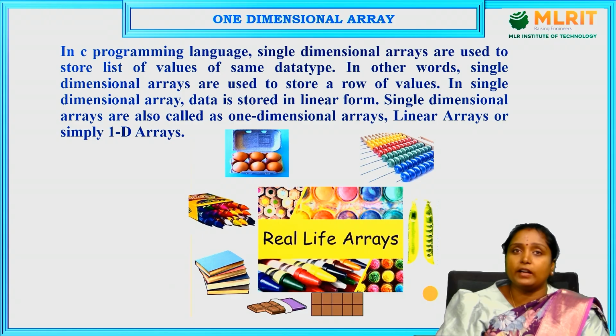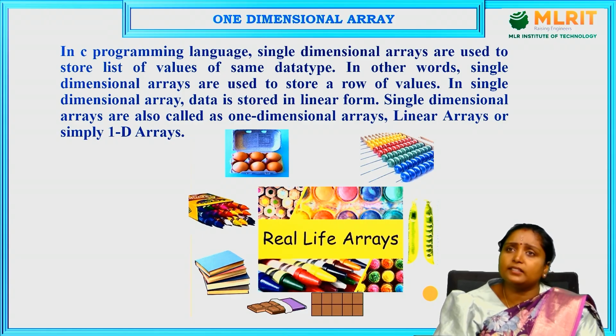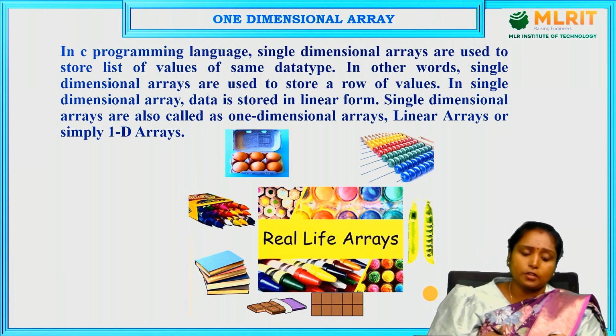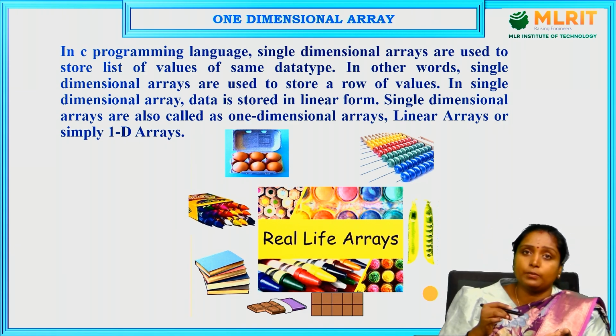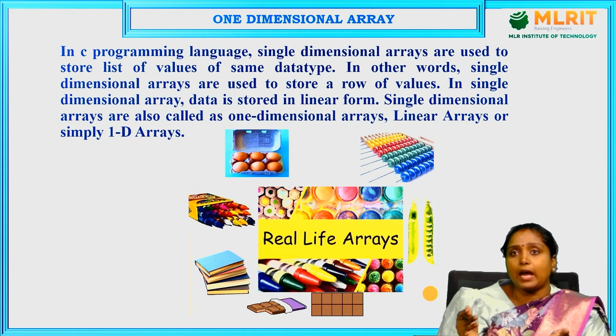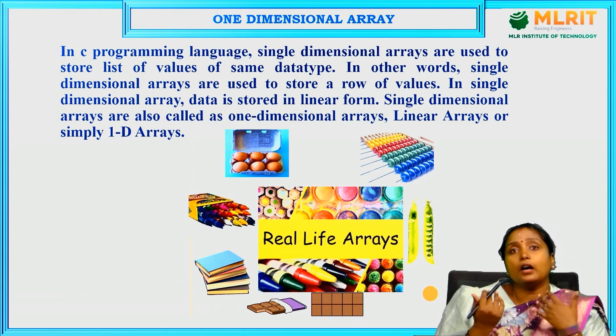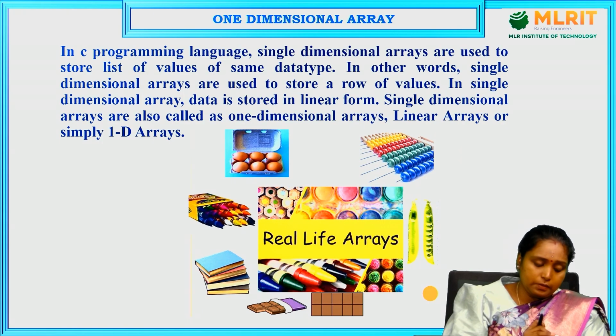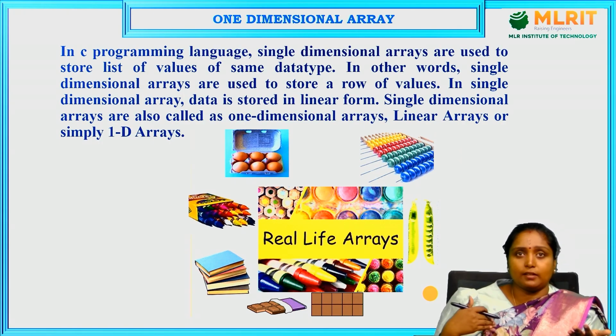Coming to 1D arrays. One-dimensional arrays are used to store a list of values. For example, if you are going shopping, first you will list out the to-do list of that particular day, the things you have to buy, right?